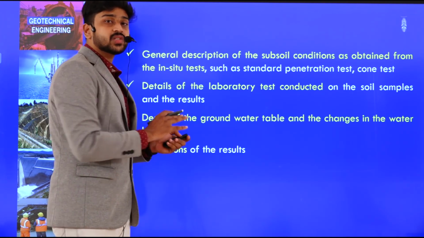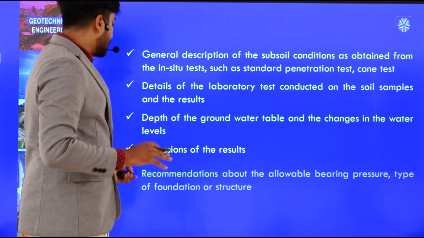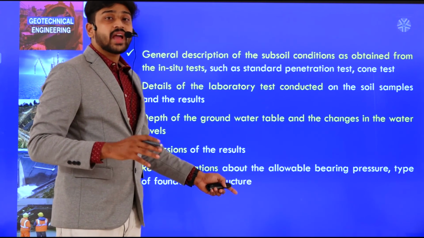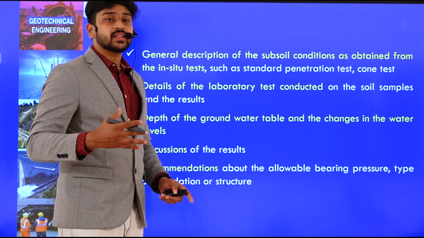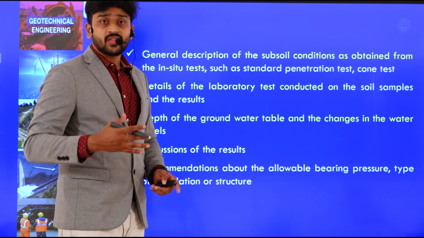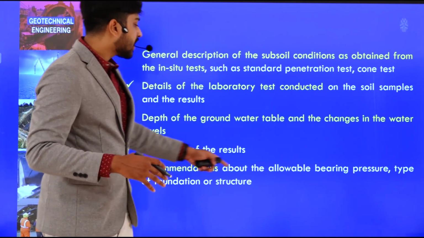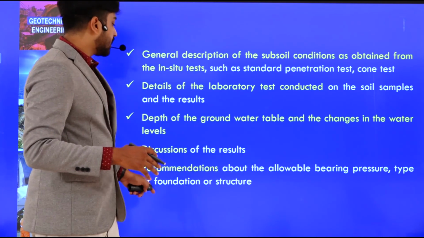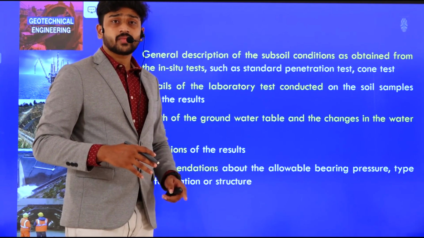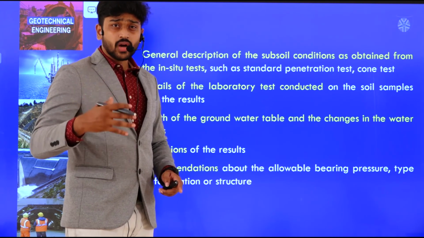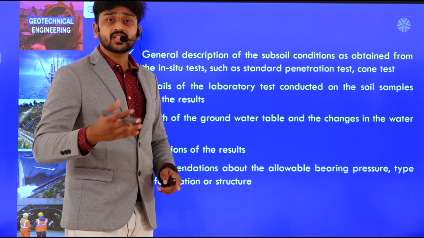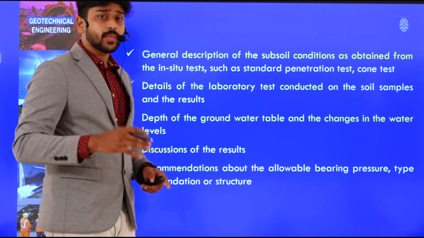So all these discussions must be mentioned here. And then recommendations. I need to give some recommendations like the bearing capacity of the soil, how much load this soil can take. All these will be mentioned here. That means the allowable bearing pressure and the type of foundation for the structure, that is, what type of foundation is suitable for this type of soil. Clear? That should be mentioned.